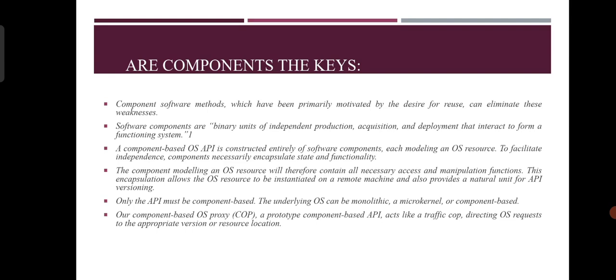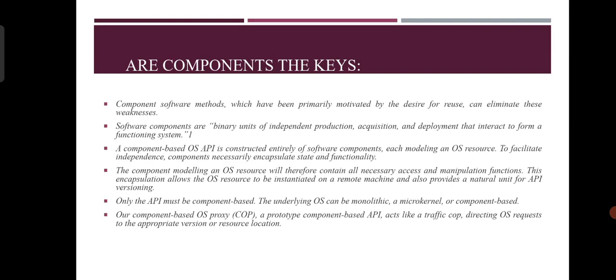A component based OS API is constructed entirely of software components, each modeling an OS resource. To facilitate independence, components necessarily encapsulate state and functionality. The component modeling an OS resource will therefore contain all necessary access and manipulation functions.